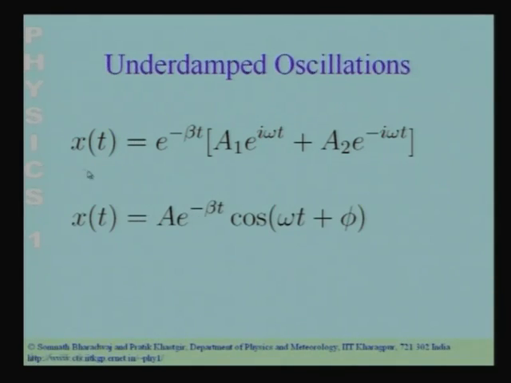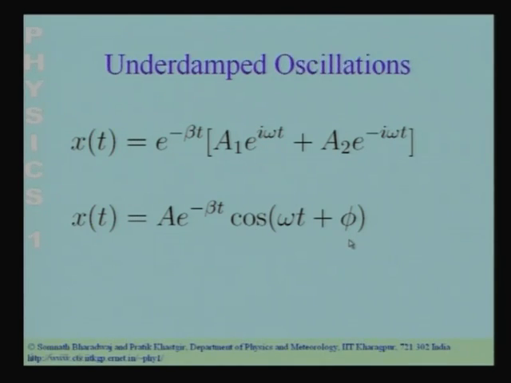So you could take this solution and write it in this form, where the term in the square bracket is essentially A cos of omega t plus phi, and you have this e to the power minus beta t outside. So A cos omega t plus phi represents a sinusoidal oscillation with amplitude A, the simple harmonic oscillation which we had discussed earlier.